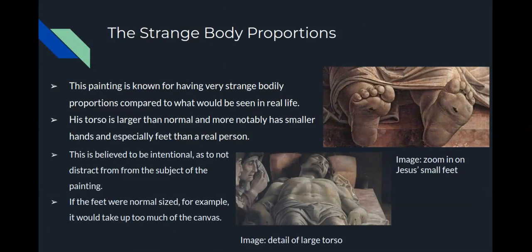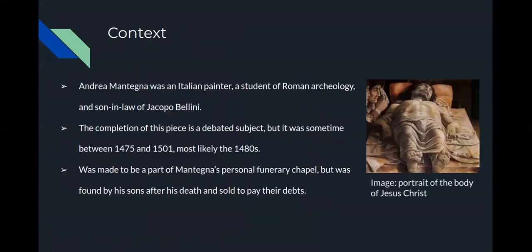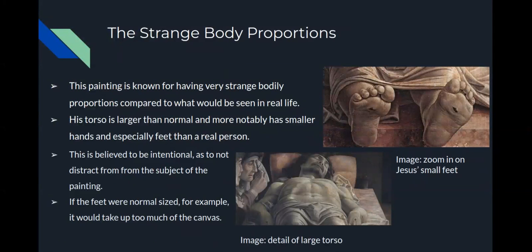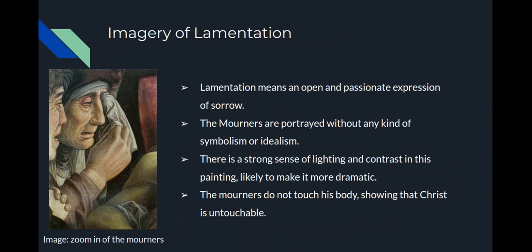It's thought that this is intentional because they didn't want the feet to take up too much of the canvas, which would be the case if his feet were normal size, and you probably can't tell unless it's pointed out. So it's believed that this is intentional, a sign of a talented painter.